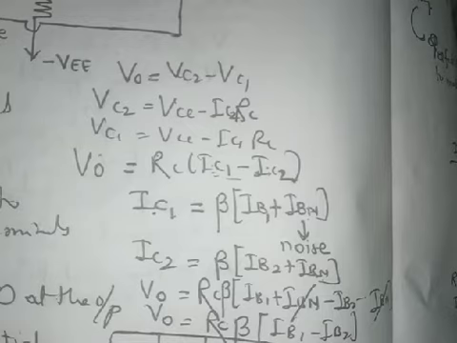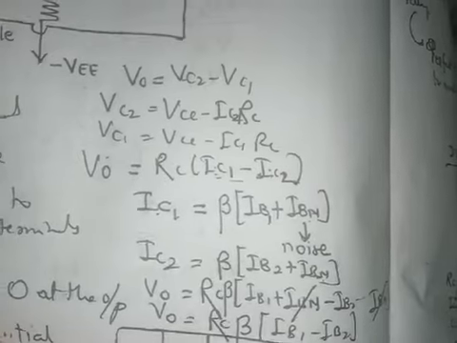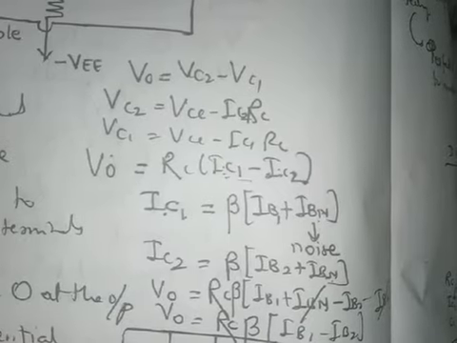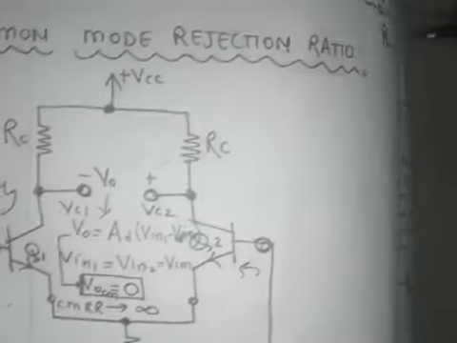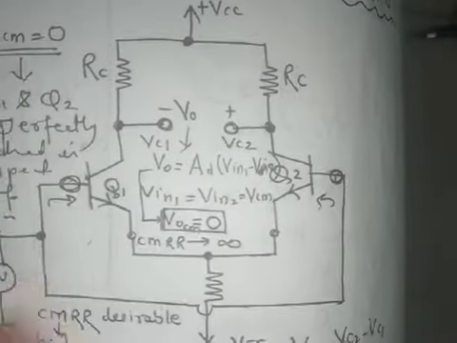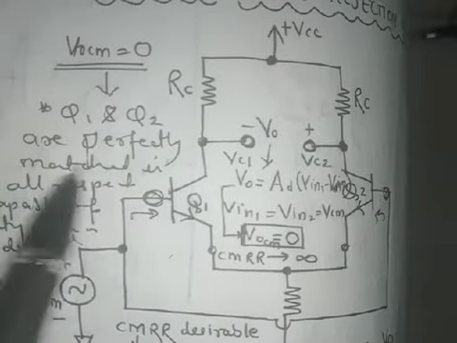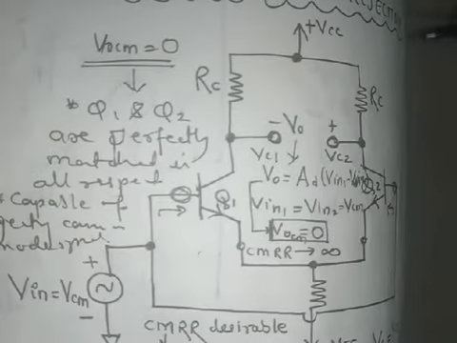But if there is any mismatching between Q1 and Q2, when the noise acts on Q1 and Q2, the base current may differ, and this amount of mismatching can result in the amplification of noise at the output. So it is undesirable. For a differential amplifier, Q1 and Q2 should be perfectly matched in all respects.